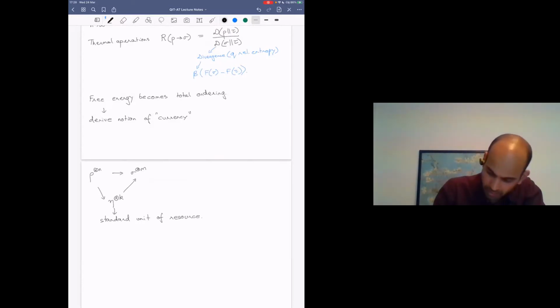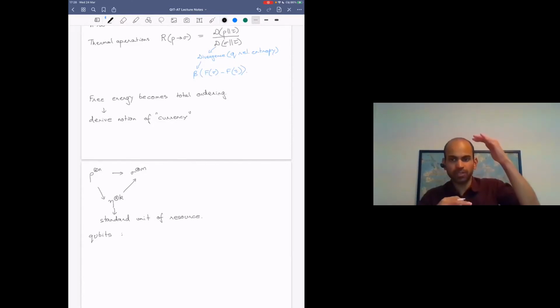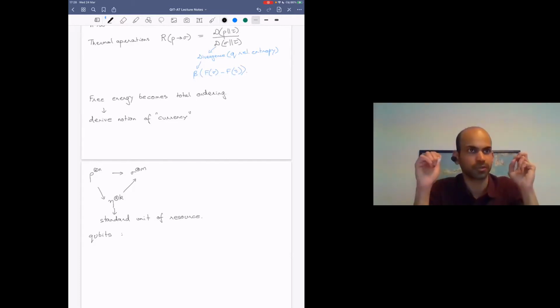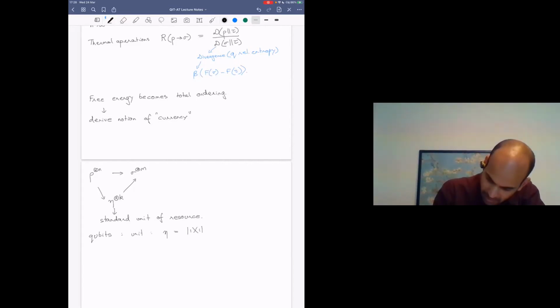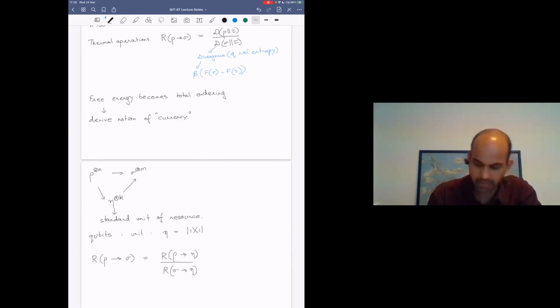So for instance, if we were dealing with qubits, then you could take the resource, because what you get in this case is that r of rho going to sigma is the same as r of rho going to the standard unit eta divided by r of sigma going to eta.